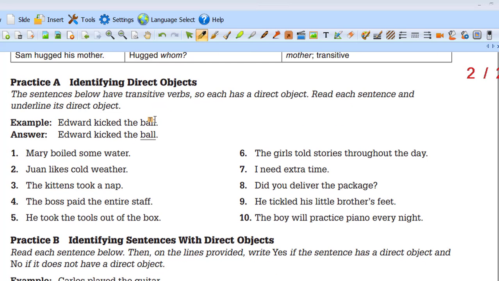Then here in this exercise, practice A, we have to underline the direct object. What's the direct object here in number 1? Water. In number 2, it's weather. In number 3, nap. And here we have staff.